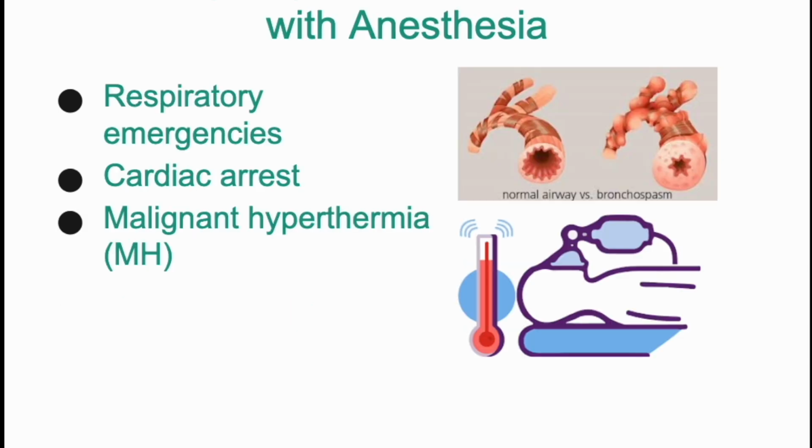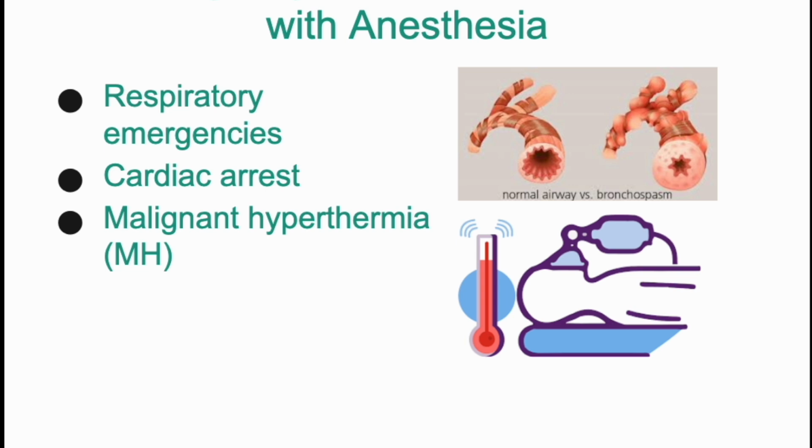Respiratory emergencies during anesthesia include, as I mentioned earlier, bronchospasms, laryngeal spasms, and even anaphylaxis. Rare but critical emergencies are cardiac arrest and malignant hyperthermia, which we're going to talk about in more detail in this mini session.